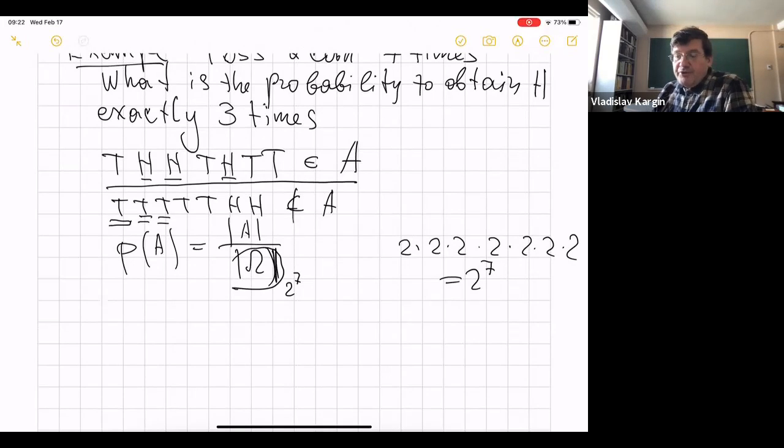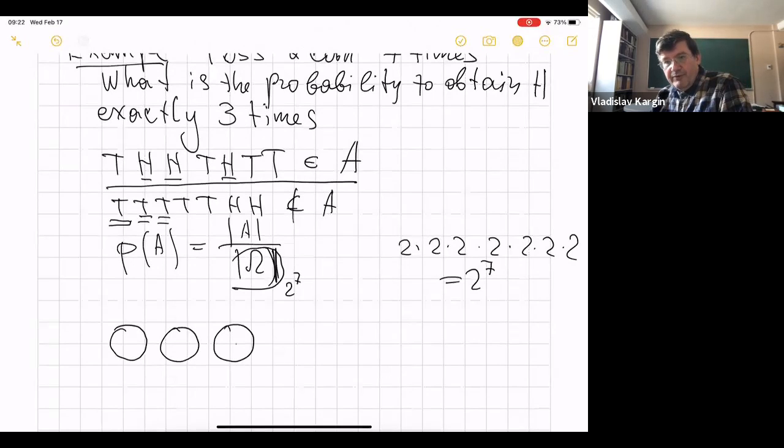And it's also easy. So we have this is the result of the first toss. This is the result of a second toss. This is the result of a third toss, and so on. So 7 of them, and we need to decide in which of these tosses we've got a head.